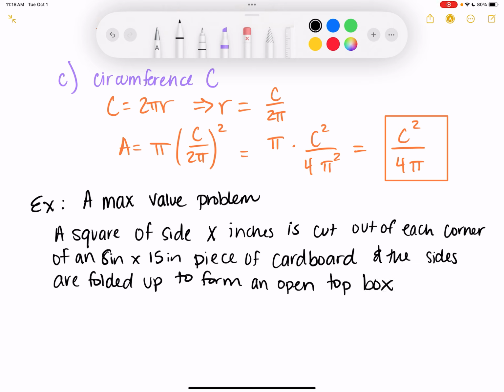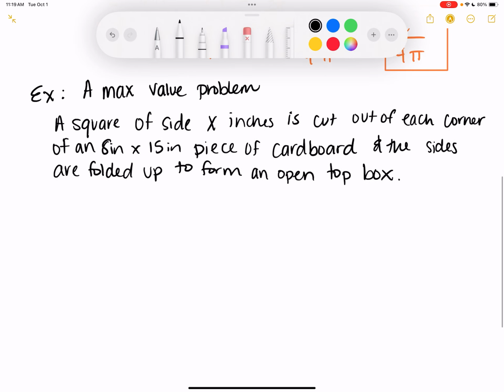So before we get into what this problem actually wants us to do, I want us to draw a picture of this. So I'm going to have my piece of cardboard here that is 8 inches by 15 inches. They've said I'm cutting a square of side x inches out of each corner.